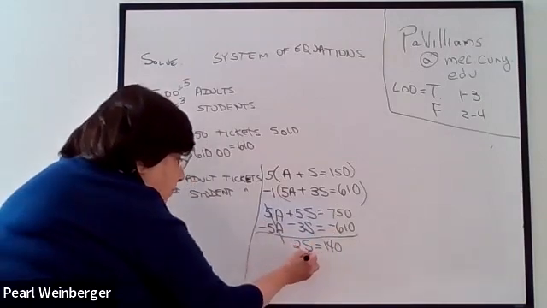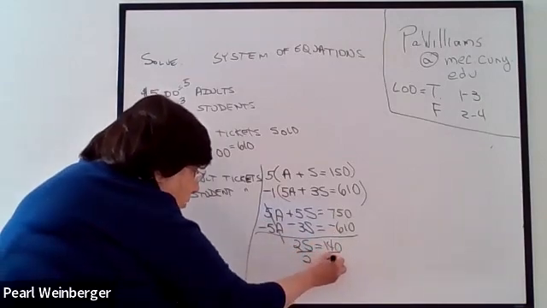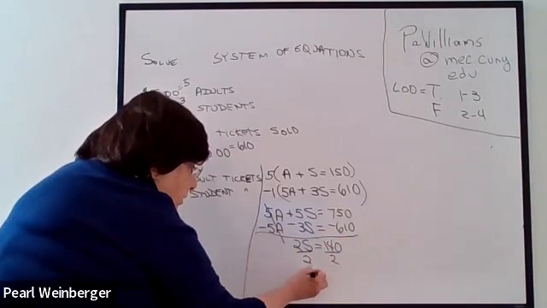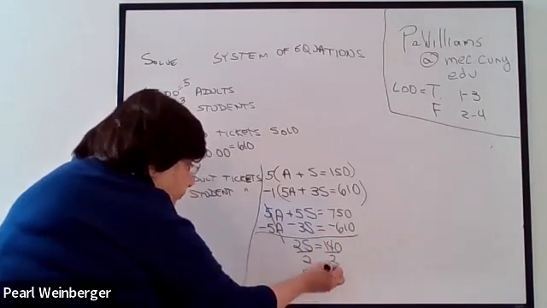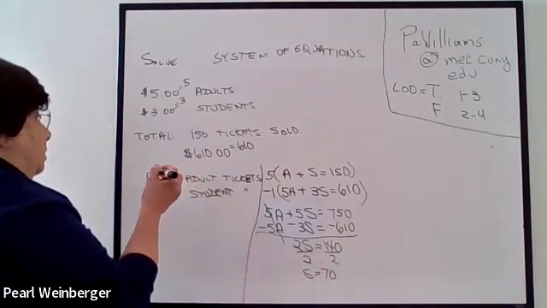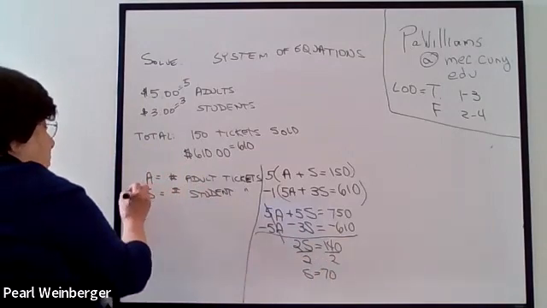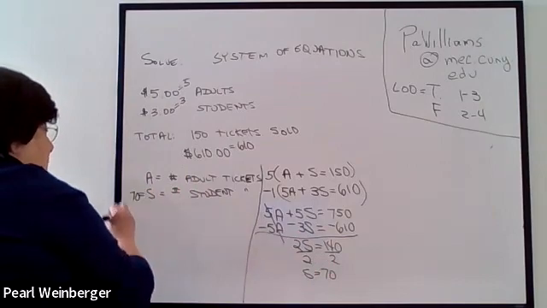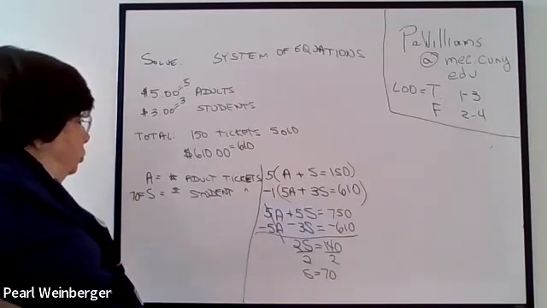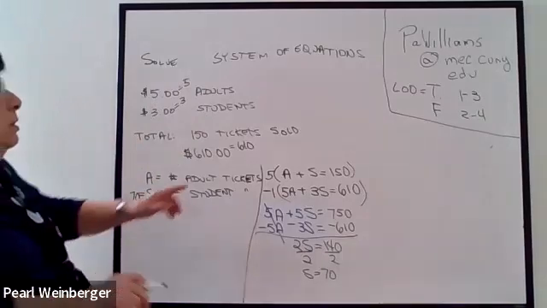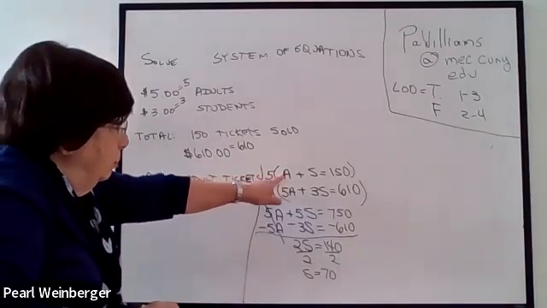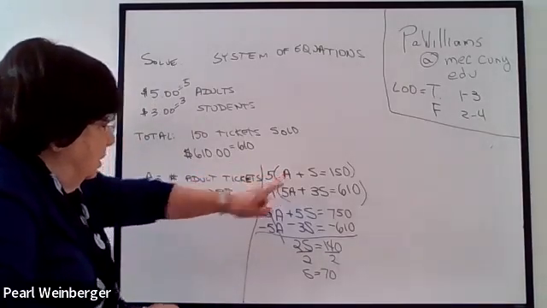And then I just divide by 2. And my S equals 70, which is telling me that the number of student tickets sold was 70. To figure out how many adult tickets were sold, I can again go to my first equation.